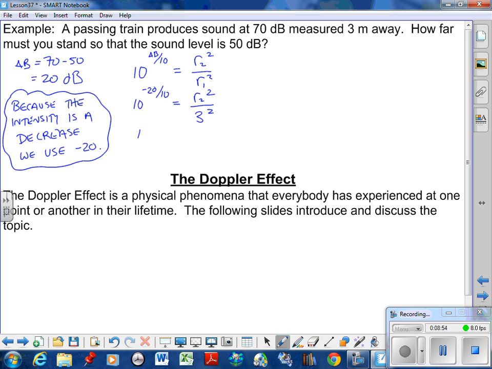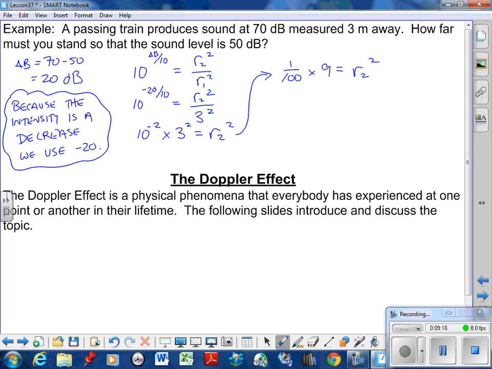So you get 10 to the exponent negative 2 multiplied by 3 squared equals R2 squared. All right, so 10 to the negative 2 is 1 over 100, or 0.01 times 9 equals R2 squared. And that's going to end up being closer. So I did do it backwards.